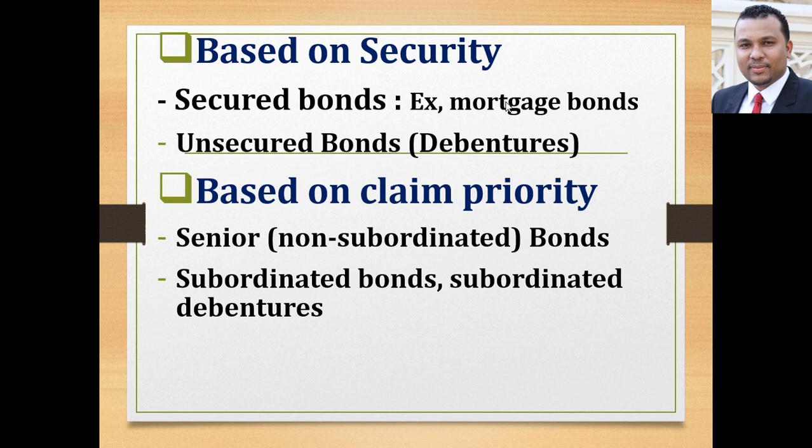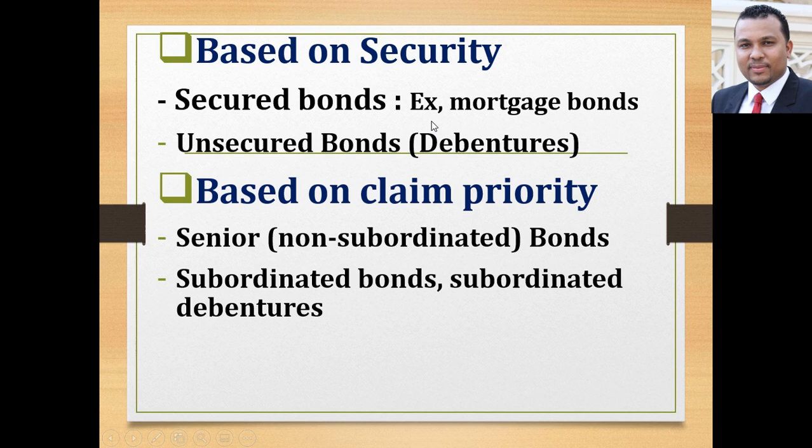This collateral makes the bond secured with minimum risk. For example, mortgage bonds are an example of secured bonds.